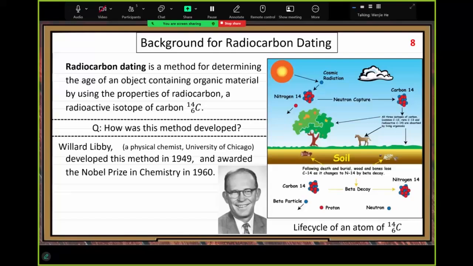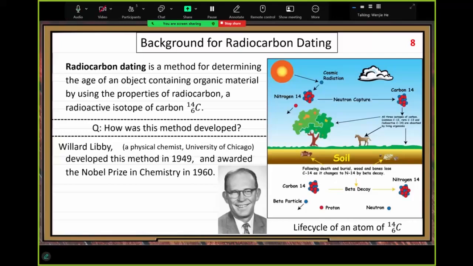Then the sun's rays, cosmic radiation, act on carbon 14, followed by beta decay, and eventually it changes to nitrogen 14. So this isotope disappears.